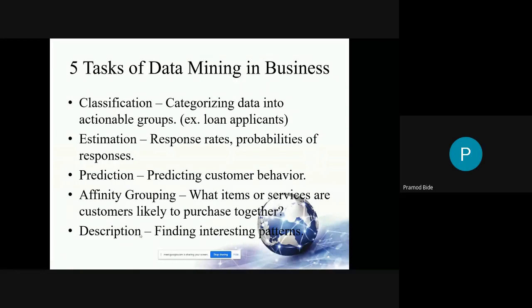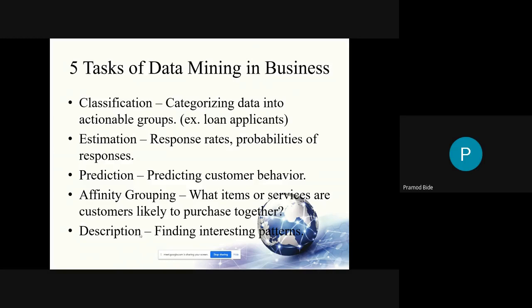Then you estimate how many copies will be required, how much profit you can make, and what the demand is. This is nothing but a response rate and probabilities of responses. So you apply various algorithms, and these fall under the prediction category. There are a number of prediction algorithms available, so you apply that particular algorithm in order to estimate this.